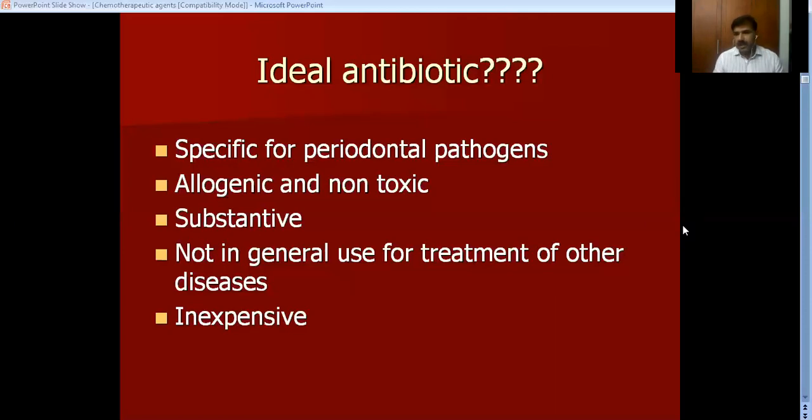It should be non-allergenic and non-toxic, with substantivity. That is, if you apply it in a particular environment, it should act for a long period of time. It should not be in general use for other treatments or other diseases, and it should be inexpensive. As I told you before, we still don't have an ideal antibiotic that is effective in all cases of periodontal infections.